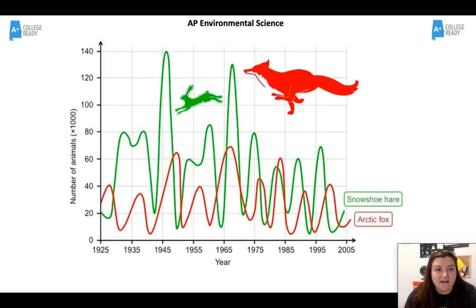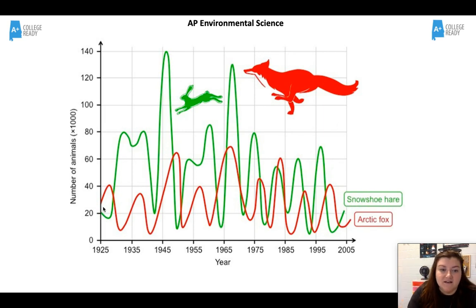So if you'll look at this one, the relationship, anytime you see the population of the snowshoe hare, which is a very cute white bunny rabbit, anytime that Arctic fox population goes up, it's normally because that snowshoe hare population had also gone up. They've got a very close relationship.